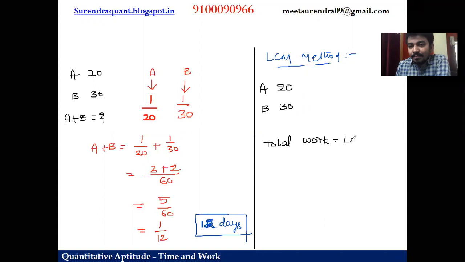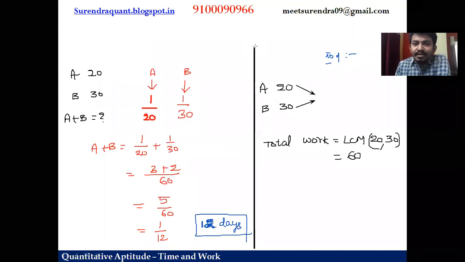So here the persons are A and B and they take 20 and 30 days. So if you consider LCM of 20 and 30, that is 60. That means the total work here is 60 units. We can argue this as A can do 60 units of work in 20 days. A can do 60 units of work if he works alone. At the same time, B can do the same 60 units of work in 30 days.